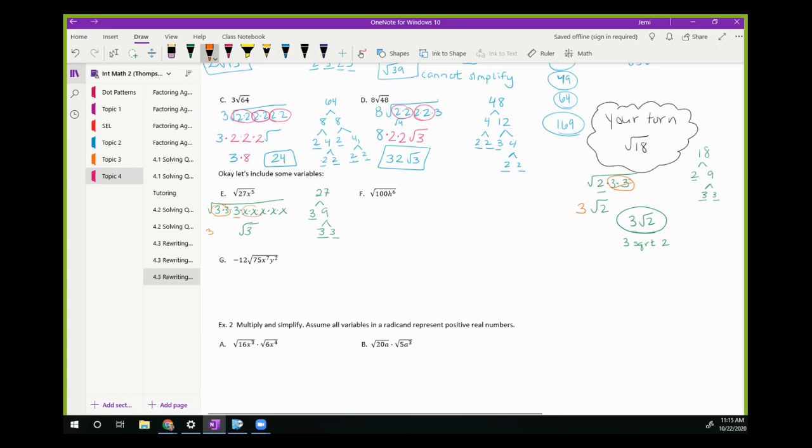I have a pair of x's. When I take the square root of x times x, it comes out as an x. So the square root of x squared, or the square root of x times x, is still just going to be x. For the same reason.